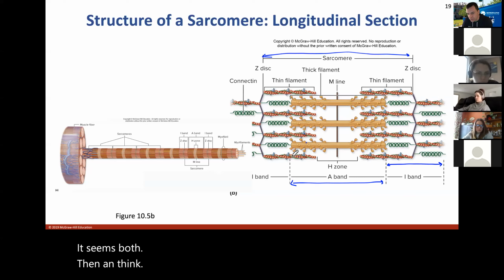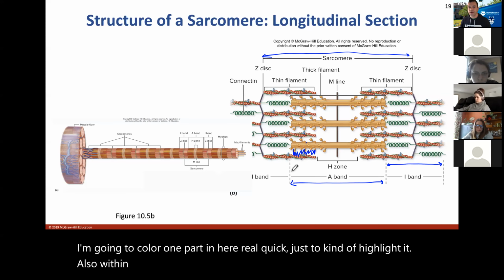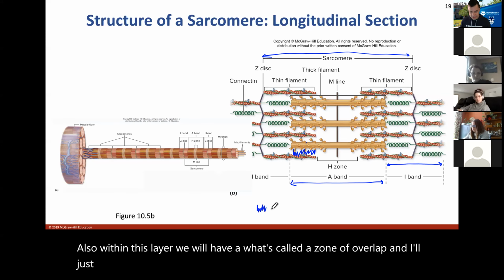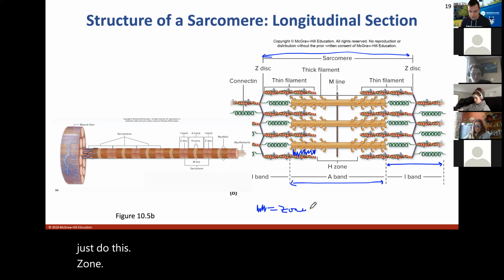I'm going to color one part in here real quick just to highlight it. Also within this layer, we will have what's called a zone of overlap.